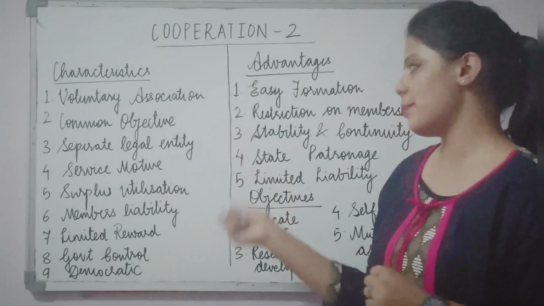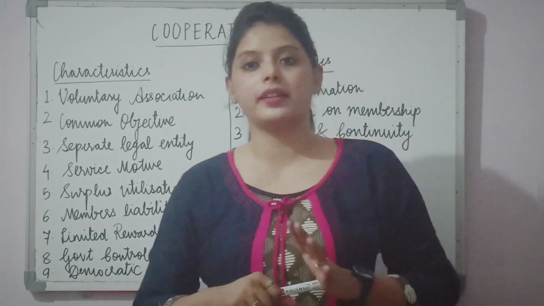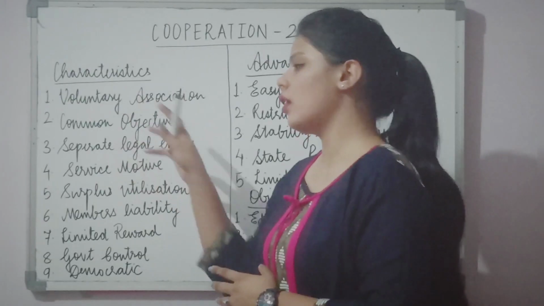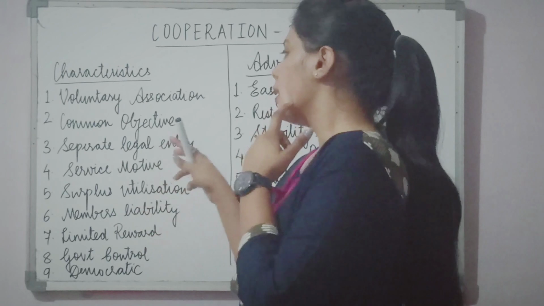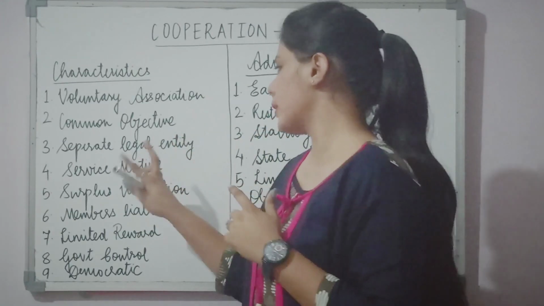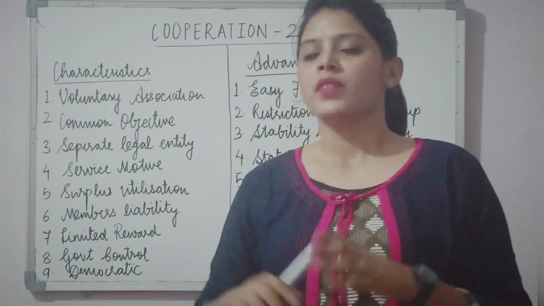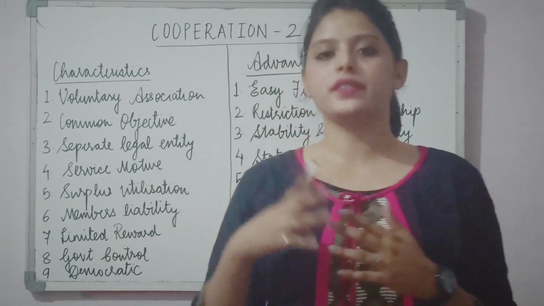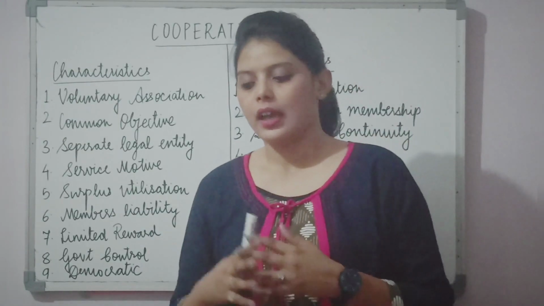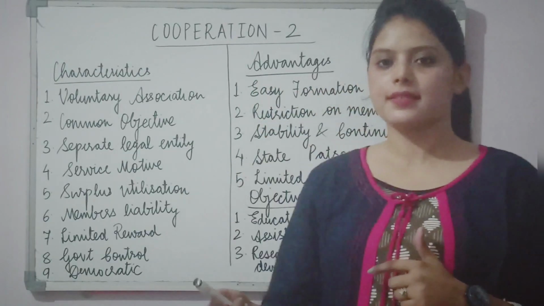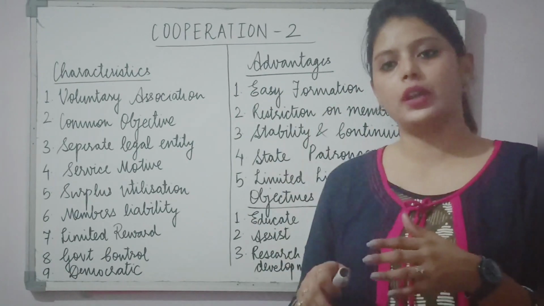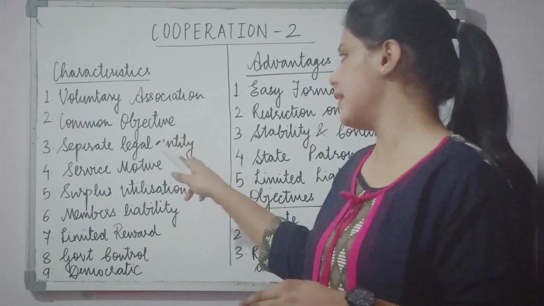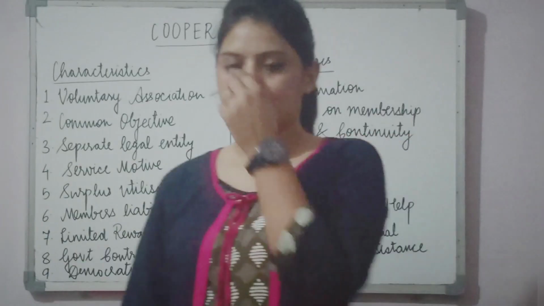The third characteristic is a separate legal entity. Now, what is a separate legal entity? Like a joint stock company, a cooperative society or this kind of association also possesses this feature of carrying a separate legal entity title. जो एक कोऑपरेटिव सोसाइटी होती है, ये एसोसिएशन होती है, वो खुद के नाम पे कोई asset purchase कर सकते हैं, similarly sell कर सकते हैं, and they can also file a case against a firm or an individual, and similarly a firm or an individual in return can file a case against such entities like corporations or cooperative societies.